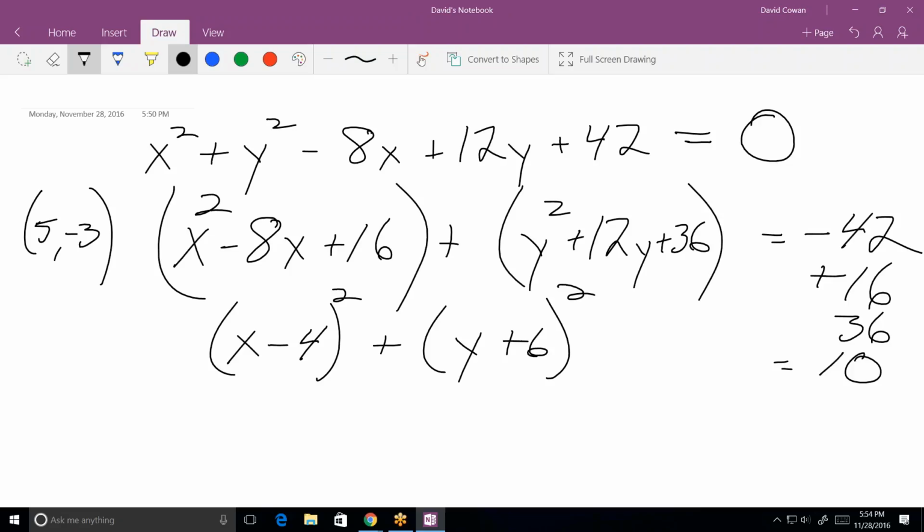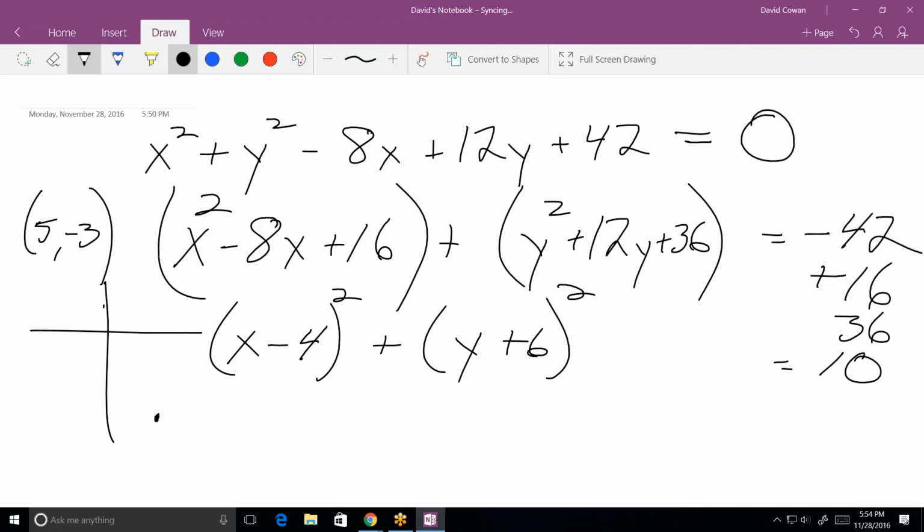Okay. So there's the equation of our circle. And now, let's see what happens if I try to draw that. Center is at 4, negative 6. How come I never have enough room whenever I draw my grid? 4, negative 6 is right there.